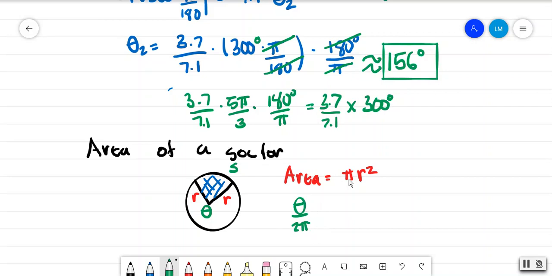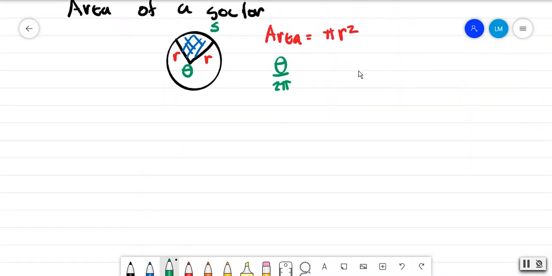So in that case, I'm going to multiply this amount by pi r squared, because that tells us the area of the sector, which I'll write with a little script A. That's equal to theta divided by 2 pi multiplied by pi r squared.